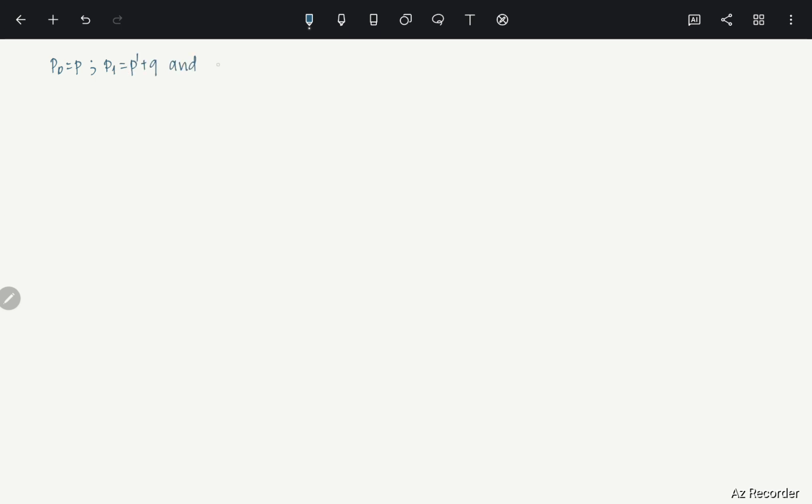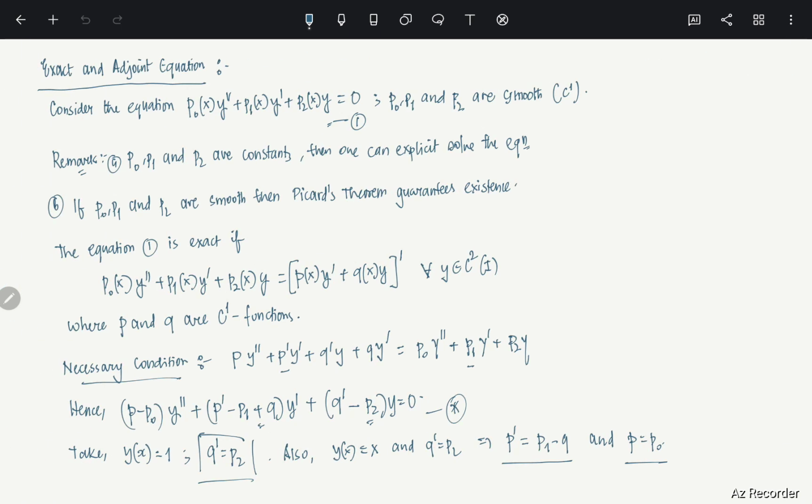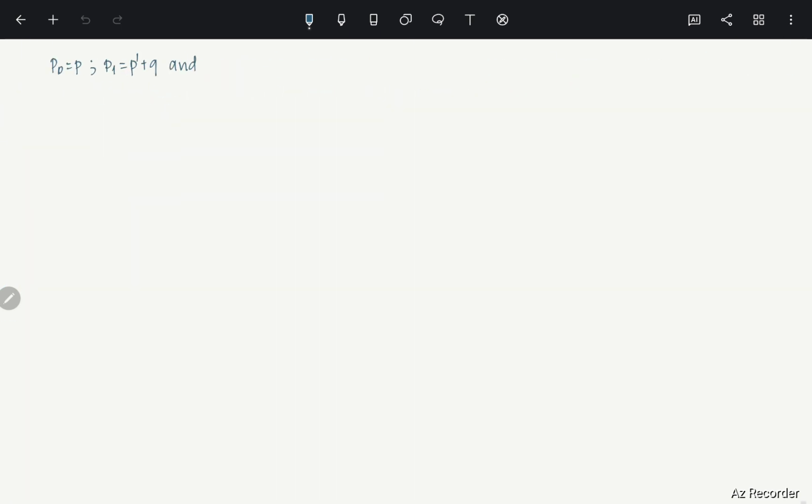And we have another one: p2 is q prime. If you put all of this together, it becomes p naught double prime of x minus p1 prime of x plus p2 of x is 0. Is this okay?